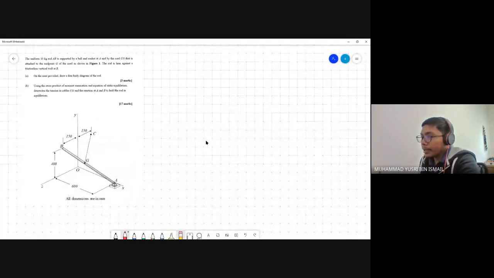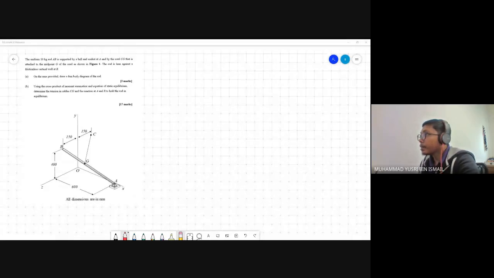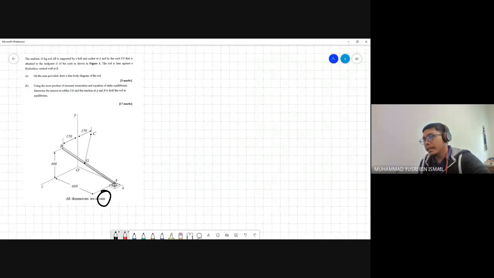Please be alert that the unit is in millimeter. So what we need to do is convert millimeter to meter.